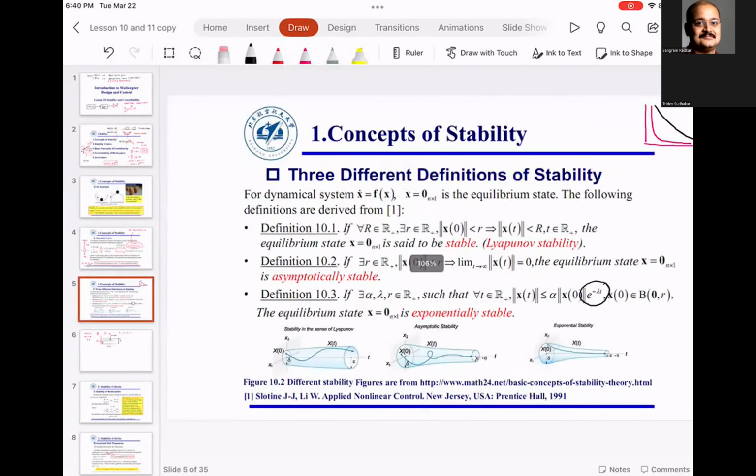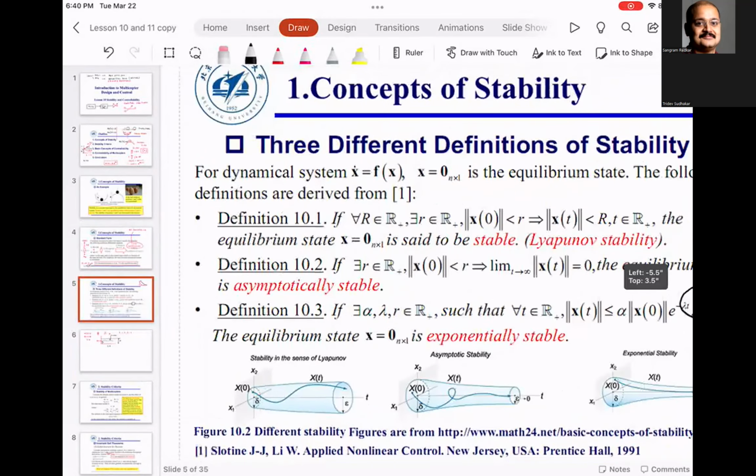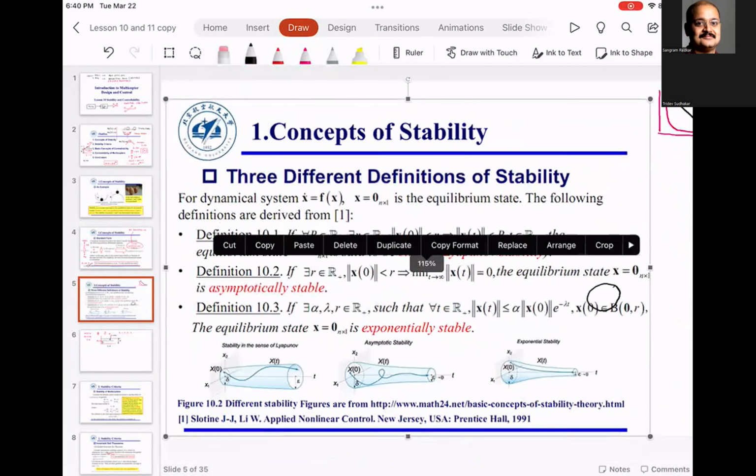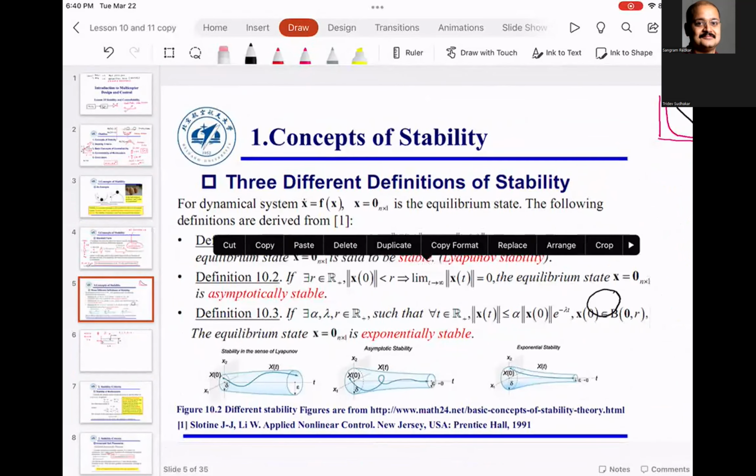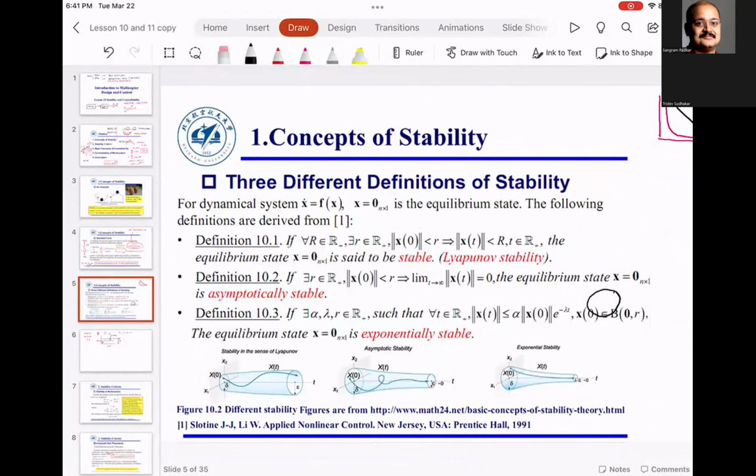And this, so if you take some advanced courses, you will see all these terms.